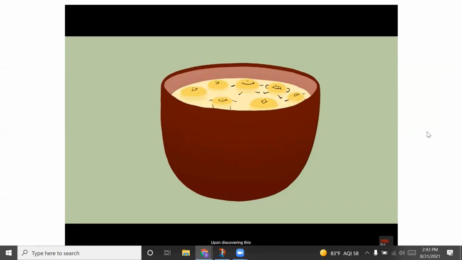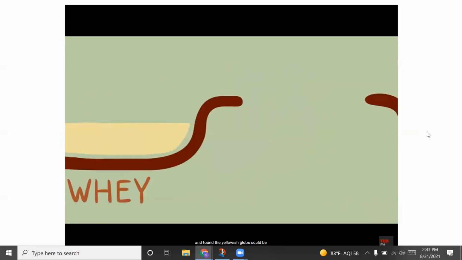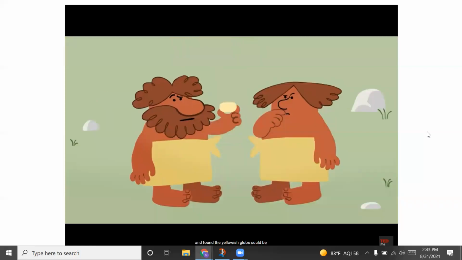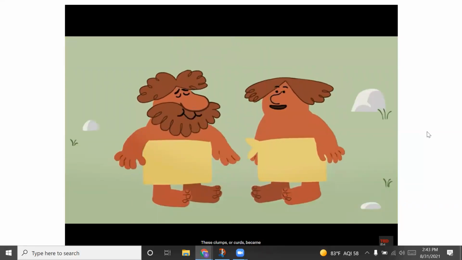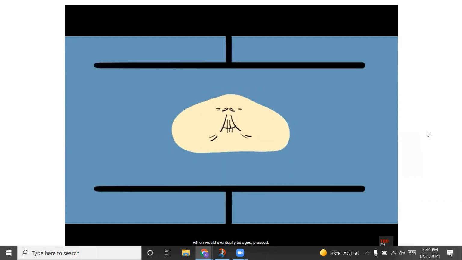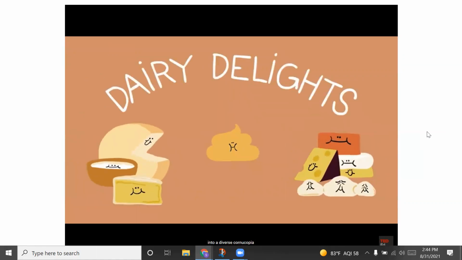Upon discovering this strange transformation, the farmers drained the remaining liquid, later named whey, and found the yellowish globs could be eaten fresh as a soft, spreadable meal. These clumps, or curds, became the building blocks of cheese, which would eventually be aged, pressed, ripened, and whizzed into a diverse cornucopia of dairy delights.